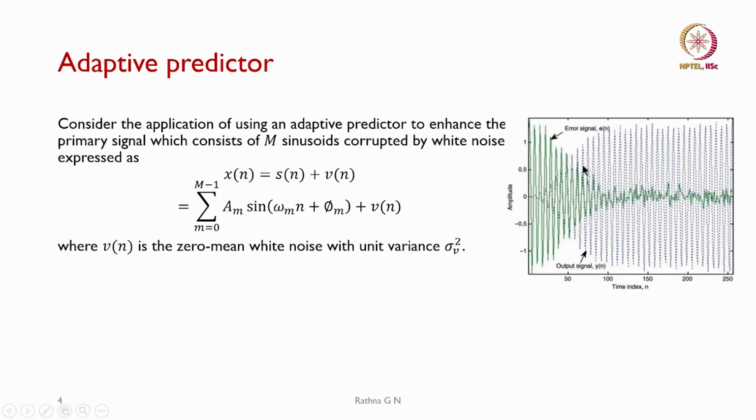Initially it was small, after that they merge and follow one another. So we are able to generate the sine function we have given, and we are able to predict it in our output.